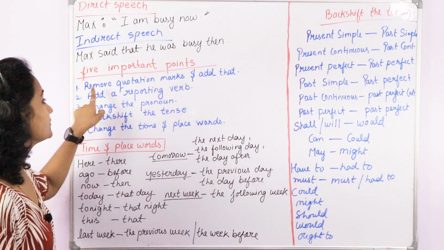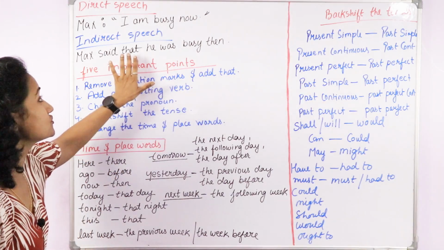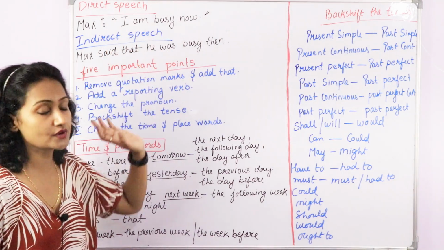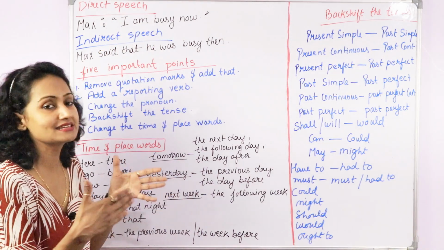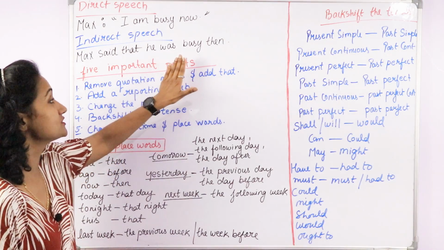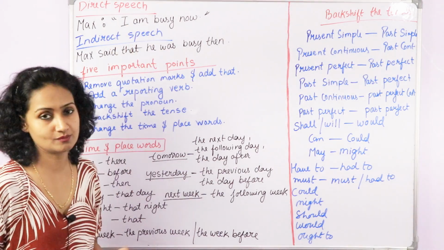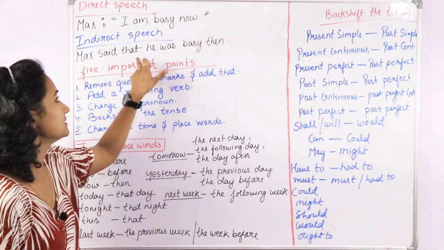Number 1, remove quotation marks and add that. So here you have to remove the quotation marks or inverted commas. Why? Because we use quotation marks to show the exact words of the speaker. And here these are not exact words, so we don't need quotation marks. So remove that and add that here.